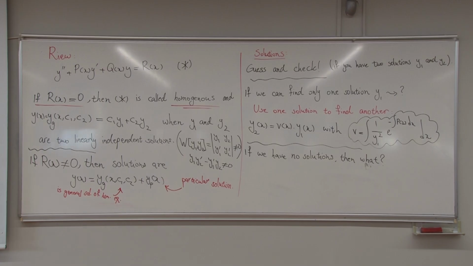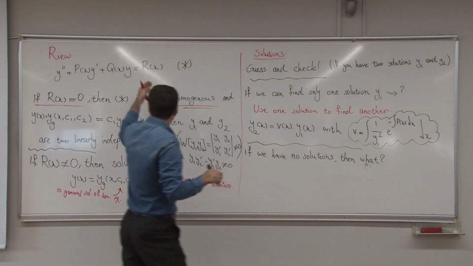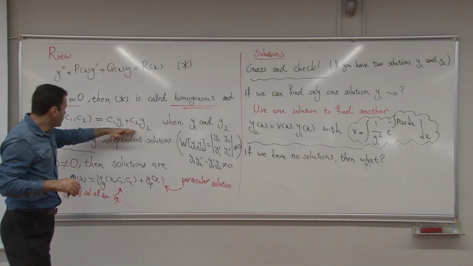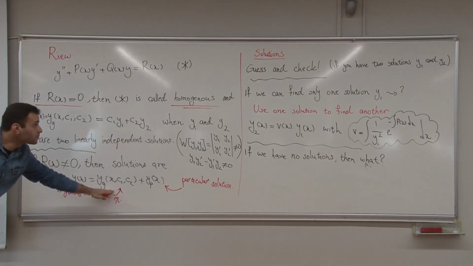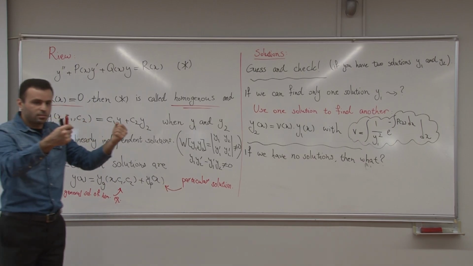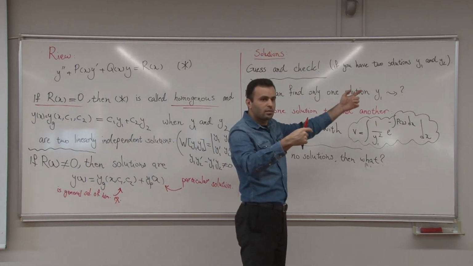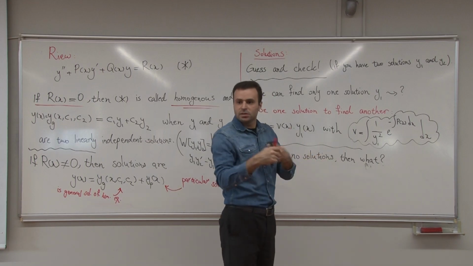Is it clear what is happening up to now? The general solutions for the homogeneous equation come like this. The general solutions for non-homogeneous equations come like this. What is the first step? I need to find two solutions. If I find two solutions, by checking them, then I will check for linear independence.